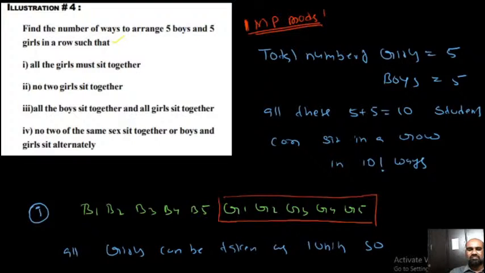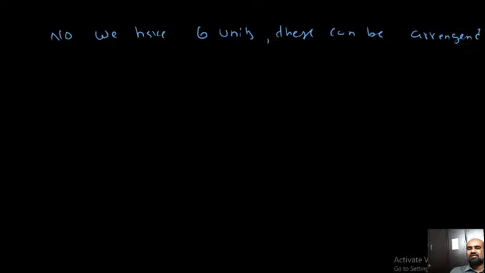So now we have 6 units. These can be arranged in a row. How many ways, Nana? 6 factorial ways.